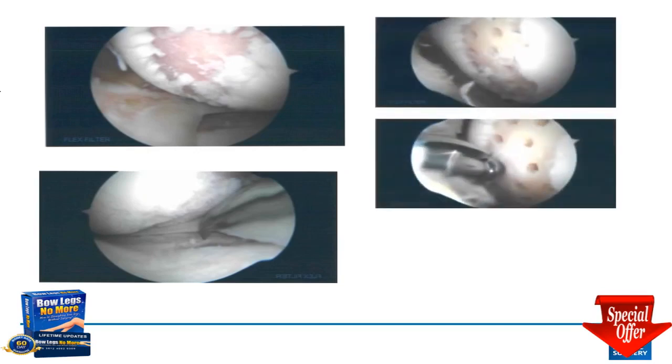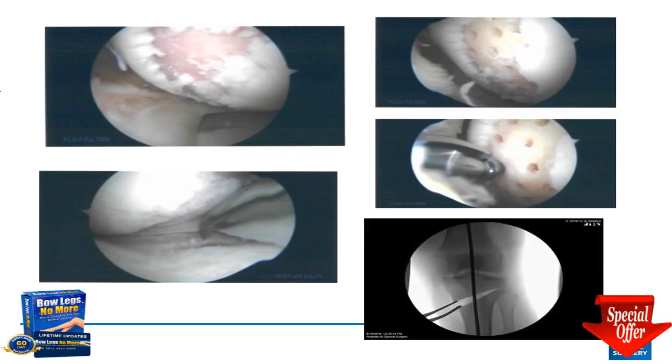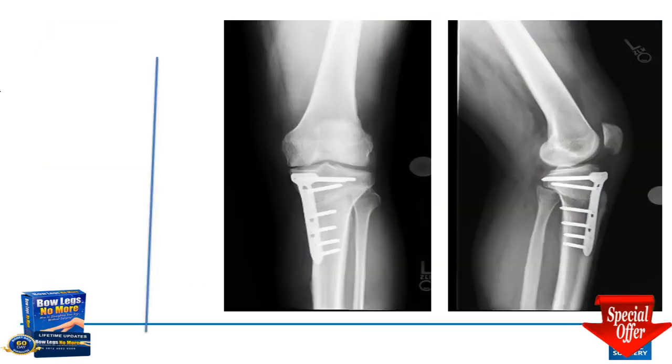Now what we did is microfracture, making drill holes in the areas where there is complete loss of cartilage, and that helps bring the bone marrow to the surface and helps regenerate the cartilage. At the same time, we do an osteotomy, and you can see here this is shown as a partial cut in the bone, and we shim the bone open the number of degrees that is necessary to correct the alignment.